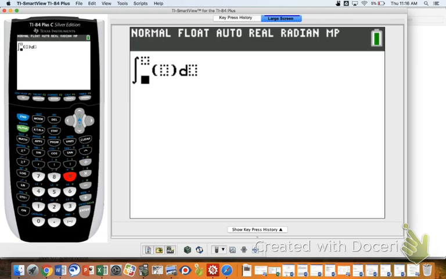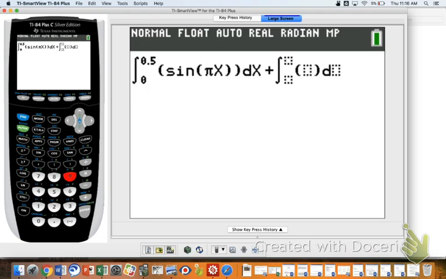So I'm just going to say I want the integral from 0 to 1/2, 0.5, of sine of pi x dx plus Math 9, and just fill in the other one.